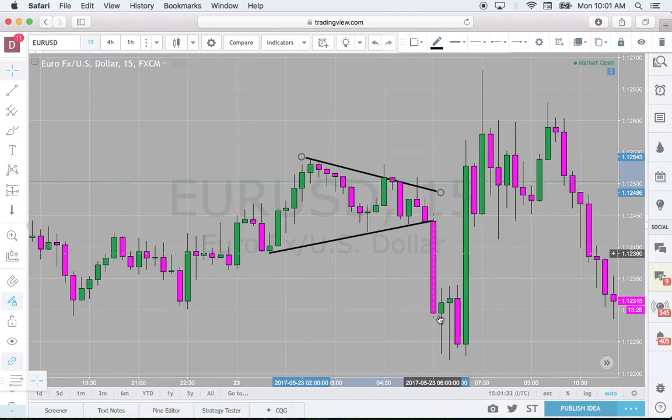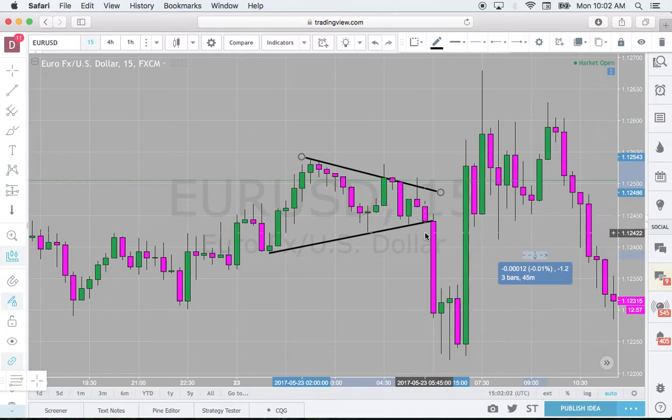The breakout happened really quick, so you got in about right here. You were in about 10 pips profit. You bounced around, 10 pips profit, and then an hour later, boom, you were shifted into minus 33 pips within the next hour.